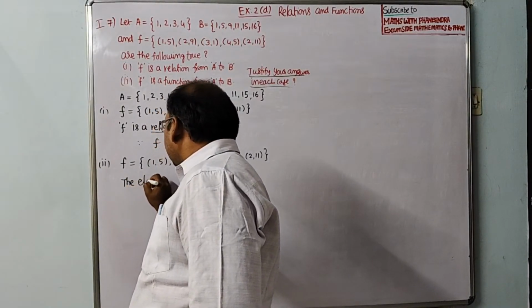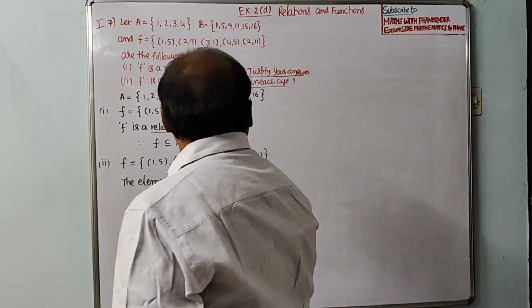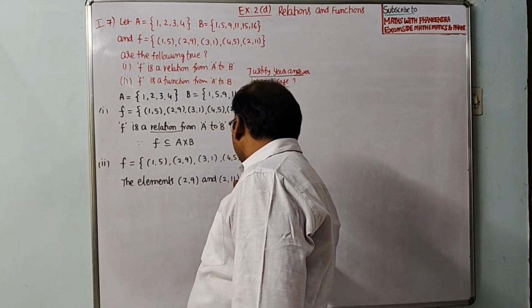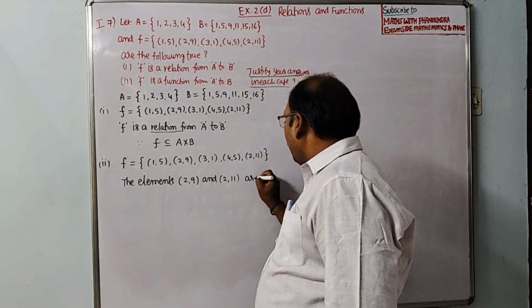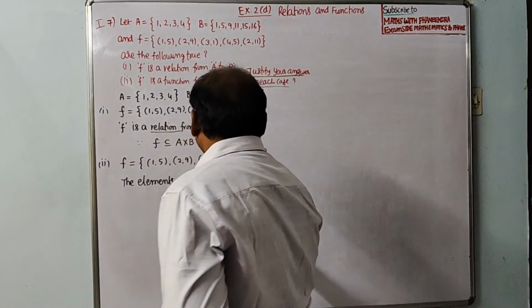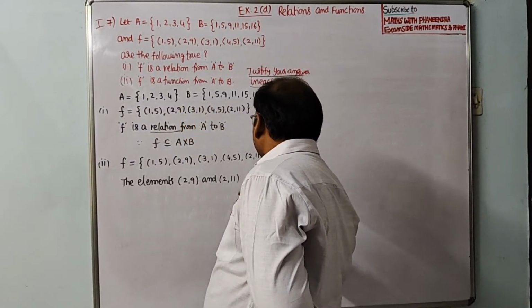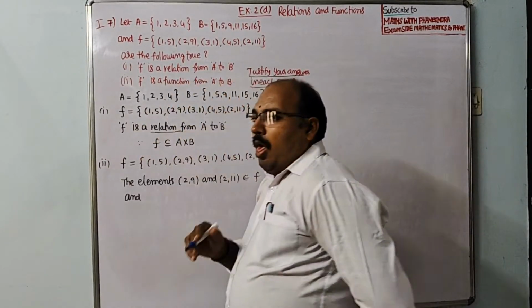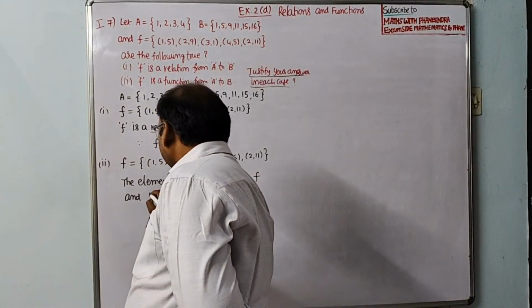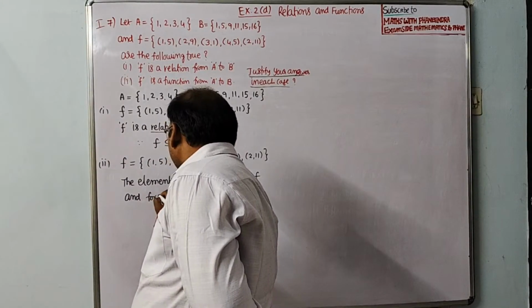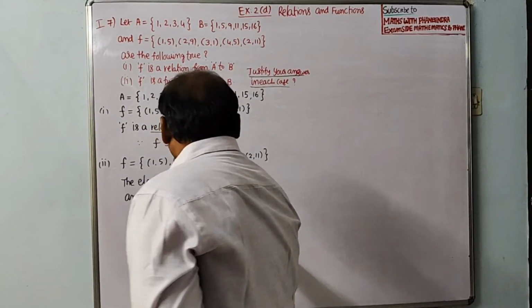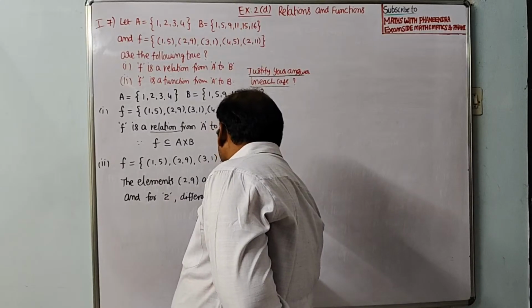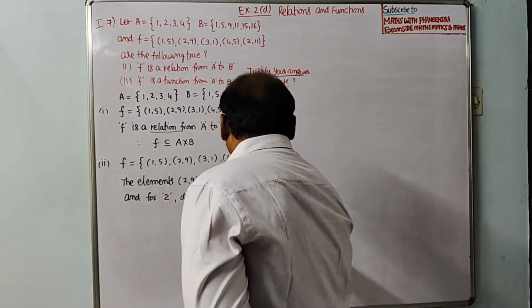The elements (2, 9) and (2, 11) belong to F, and for 2, two different images are there in F.